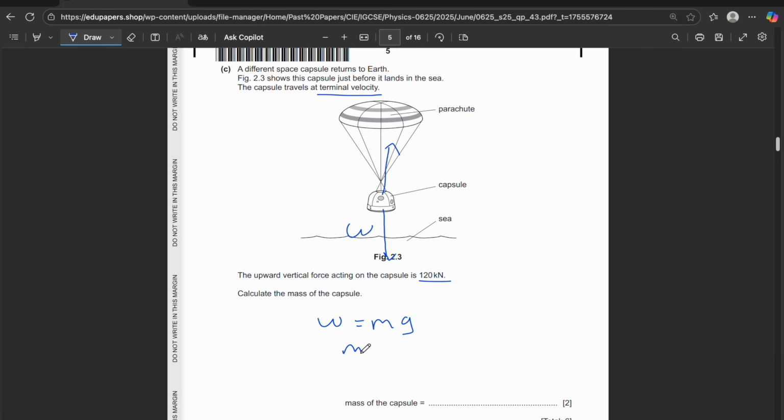We can calculate the mass. 120,000 divided by 9.8. That is 12244 point something. So we can take two significant figures, 1.2 into 10 power 4 kilograms.